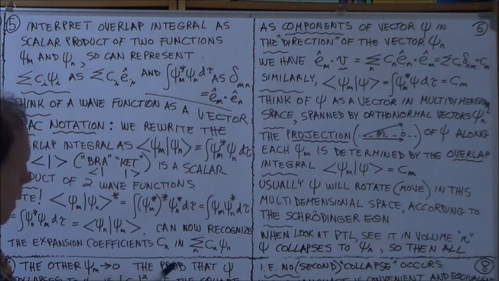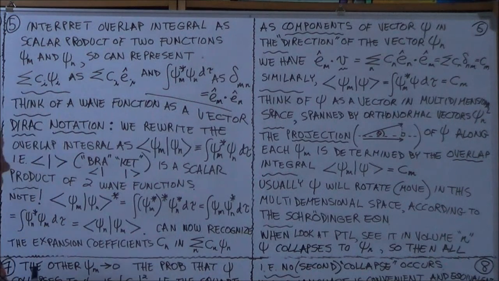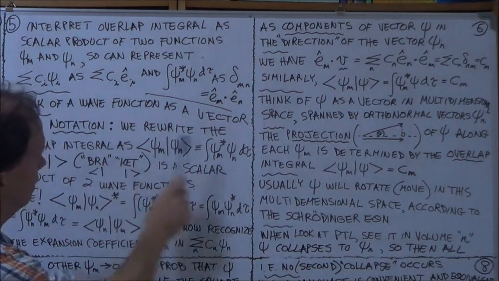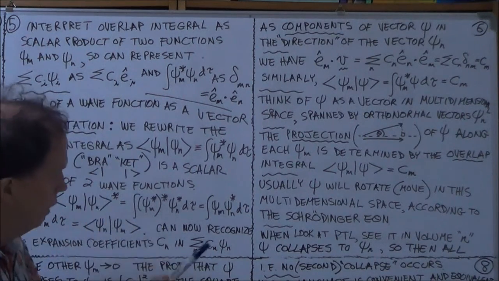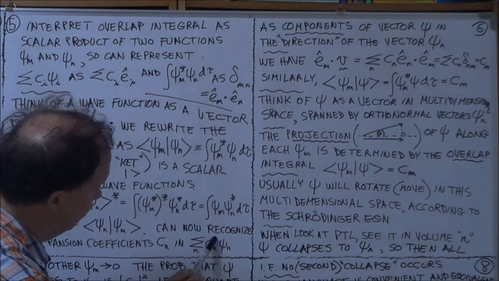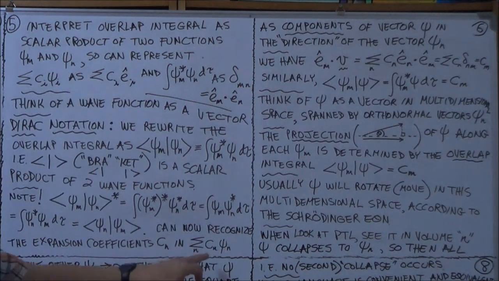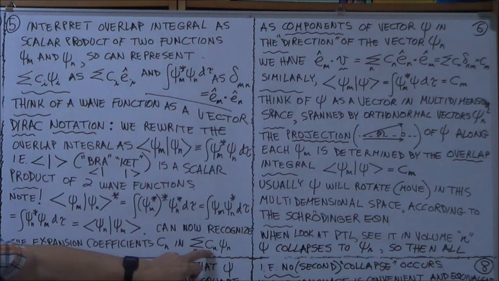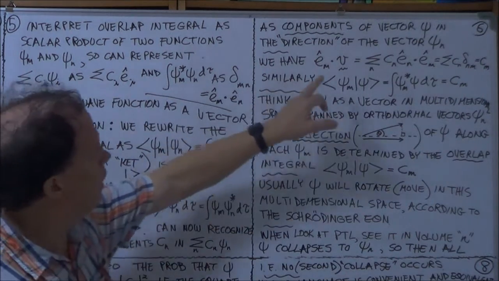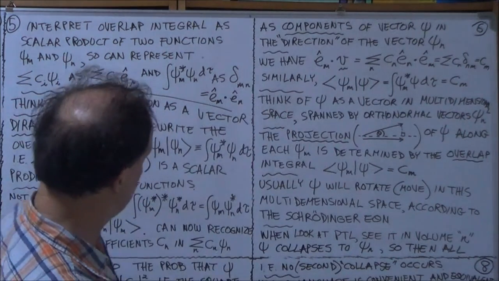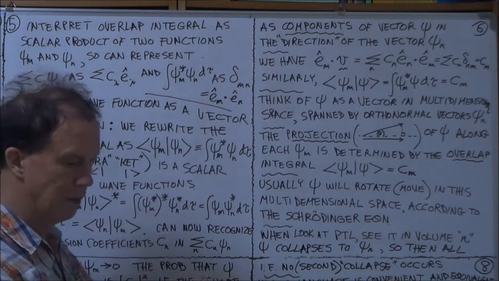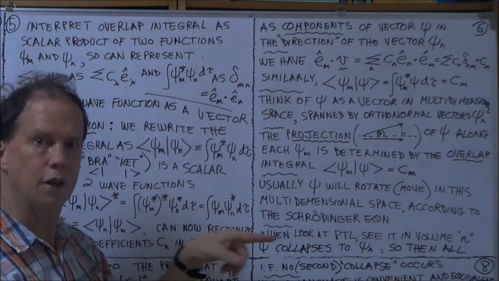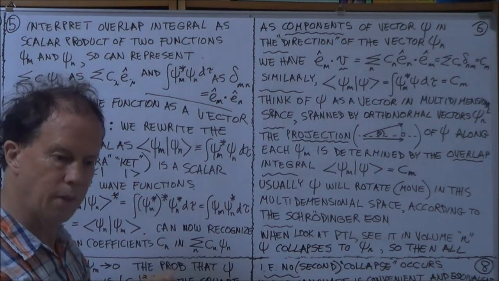Now these complex numbers, you can look at in terms of bracket and overlap integrals. Instead of them just being simple complex numbers, you can interpret these cn in the following way. These cn now become components, rather analogous to your unit vectors' components.